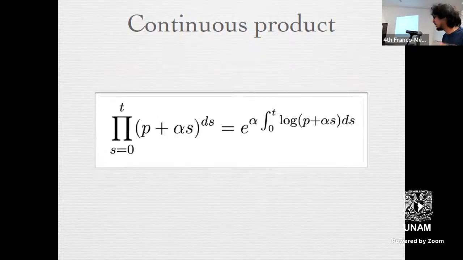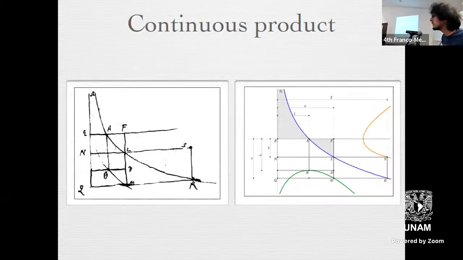And if you apply the inverse of the logarithm, you obtain the continuous product. And Leibniz wrote a diagram which corresponds to this construction.